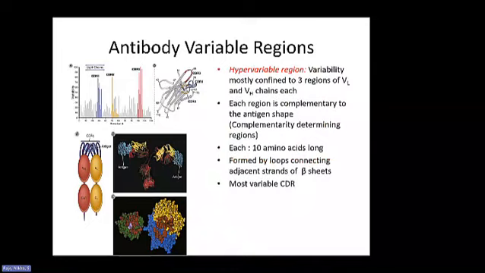So it is confined to those regions, but that includes both the variable region of the light chain and the variable region of the heavy chain. Each region is complementary to the antigen shape, and that's the reason it's called complementarity determining region. Each of these CDRs is 10 amino acids long. And the most variable CDR out of these is CDR3.